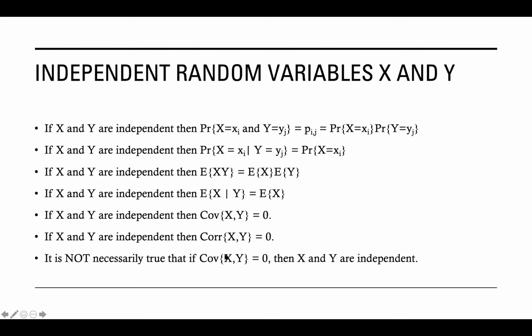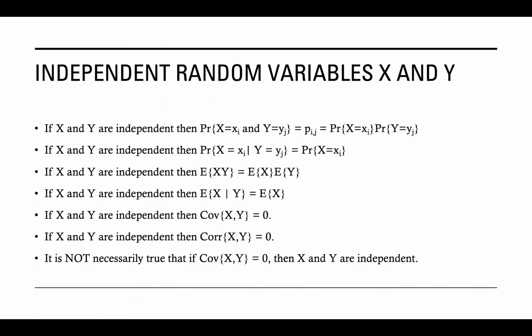If X and Y are independent, then their correlation is 0. So one interpretation of the covariance is that if X and Y are independent, then necessarily the covariance is 0. So a non-zero covariance is going to be evidence that X and Y are not independent.